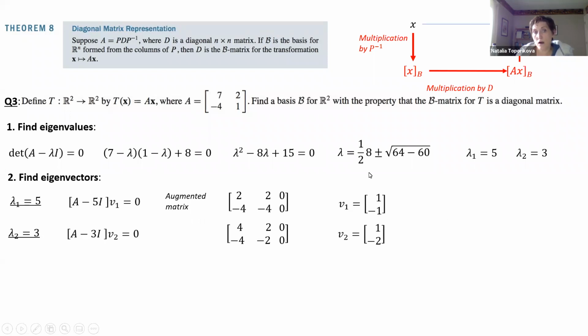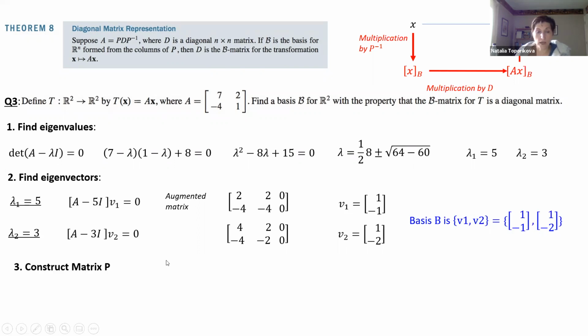Okay, we are ready to answer the main question of this problem. We need to find a basis B for R2 with the property that the B matrix of T is a diagonal matrix. Because we found two eigenvectors corresponding to two eigenvalues, we can write a matrix P and the diagonal matrix D. We can report the basis as just the two eigenvectors v1 and v2.